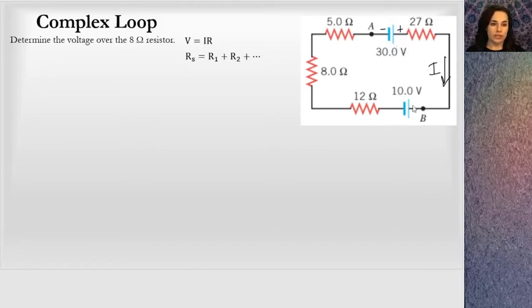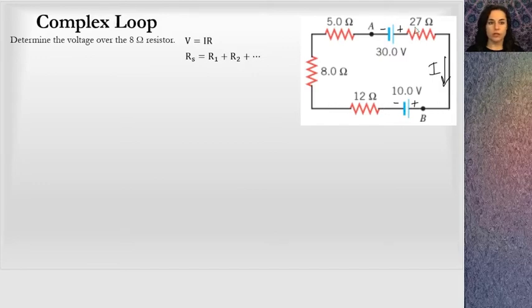Because when it gets here, the 10-volt battery wants to cause a current in this direction, but this is a 30-volt battery. So this current is going to dominate, and basically this 10-volt battery is causing a drop in voltage over it in the circuit. So it's not the wisest way to put a battery into a circuit, but that's what we have here.